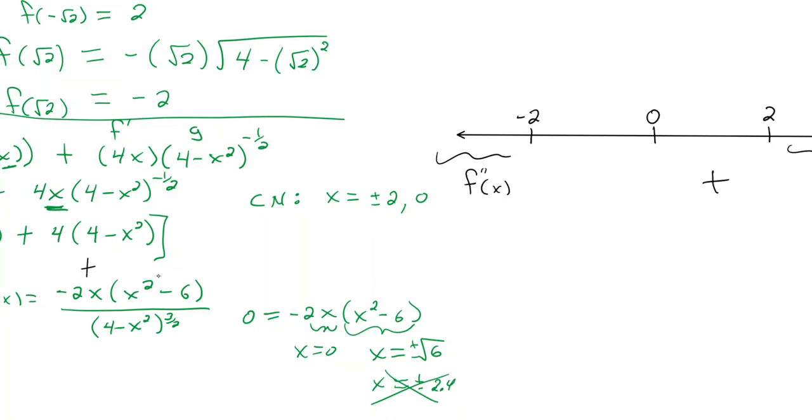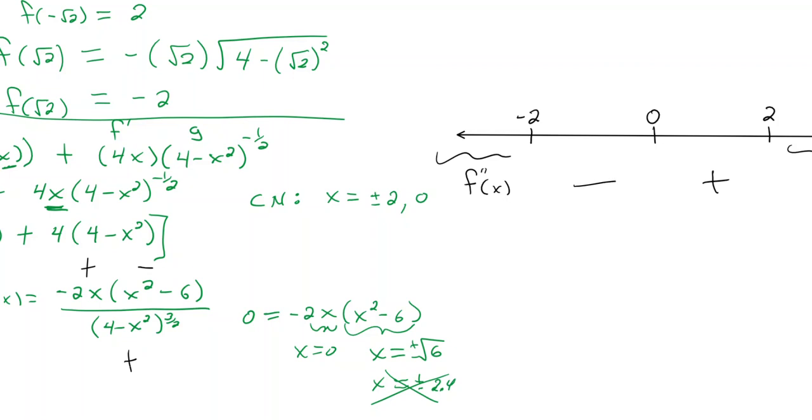And then this again will be negative because we're going to square negative 1 and then subtract 6. So that's coming out negative. And in the bottom, we're squaring it, so it's coming out positive either way. Positive times negative is negative, so this is going to be negative.